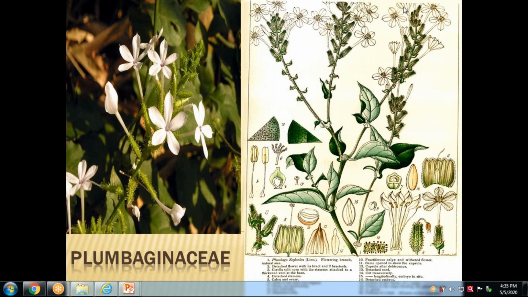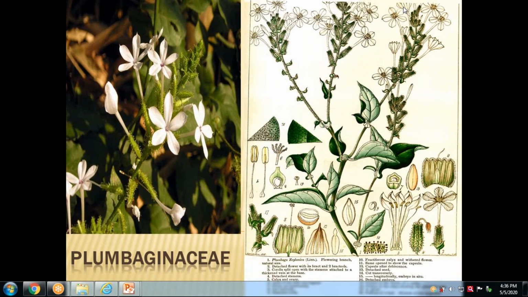As we are going to see, these are generally herbs. Everybody has seen the chitra plant, that is Plumbago zeylanica. As we see in the left side photographs, they have calyx with small hairs on that particular calyx. They have opposite arrangement of the leaf. They are generally herbs.